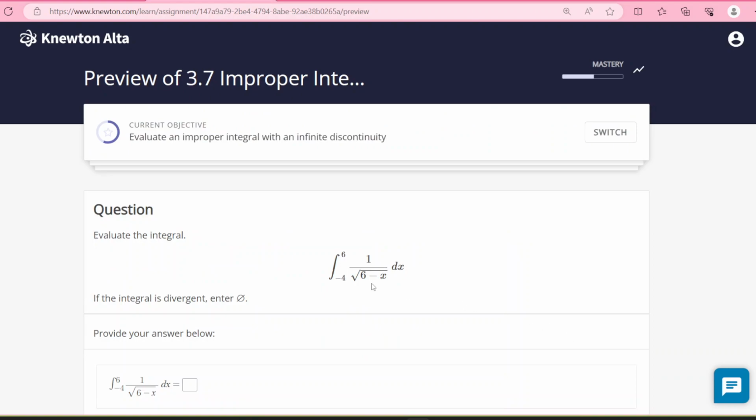Now here's another one where the function's not continuous at the upper limit. So I'm going to replace that upper limit with t and have t approach it from below, or from the left.